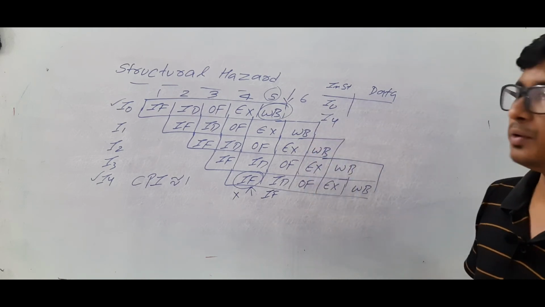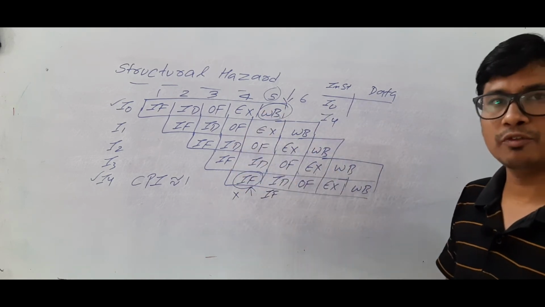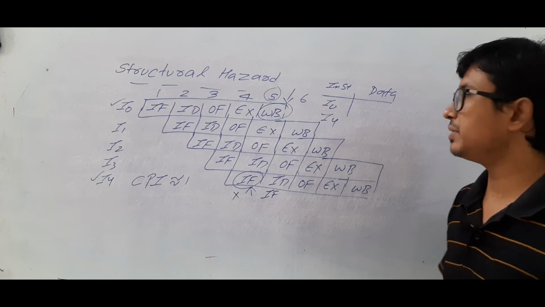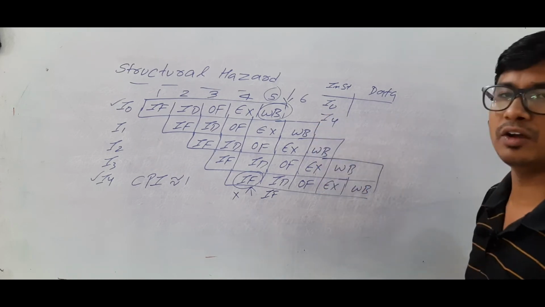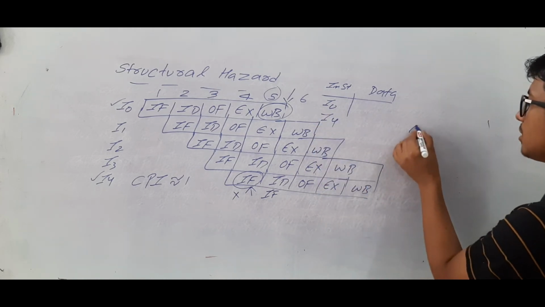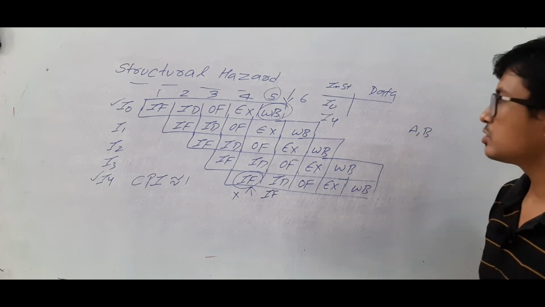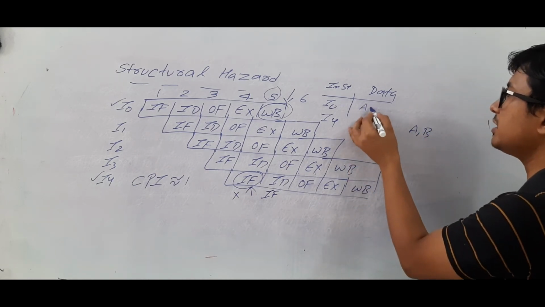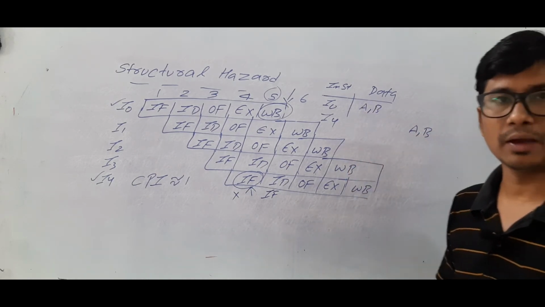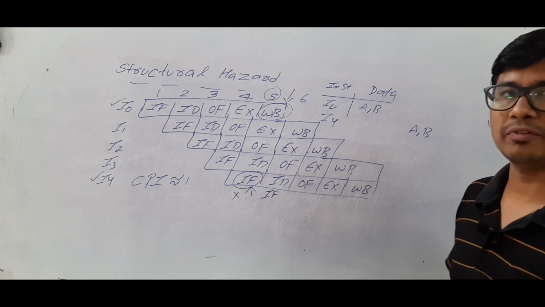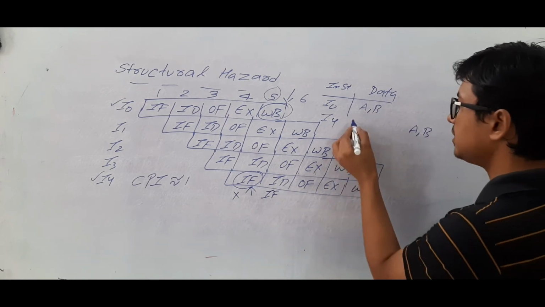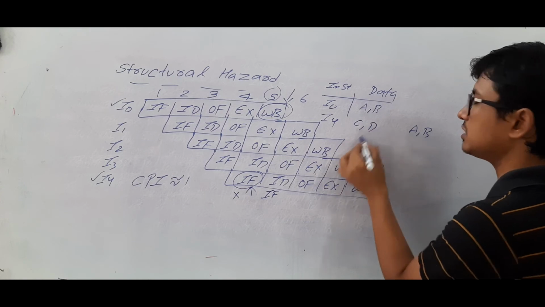Now the write back operation will happen on the data. If instruction I0 has some operands A and B, then A and B will be at the data location. Am I right or wrong? So there you are performing the write operation. Similarly, instruction 4 is operating on C and D.